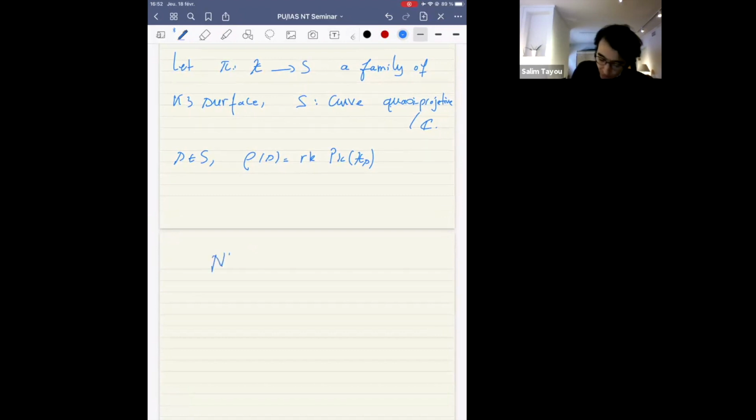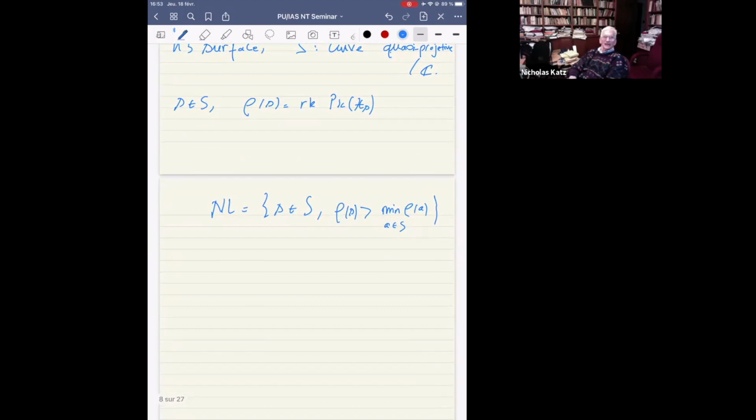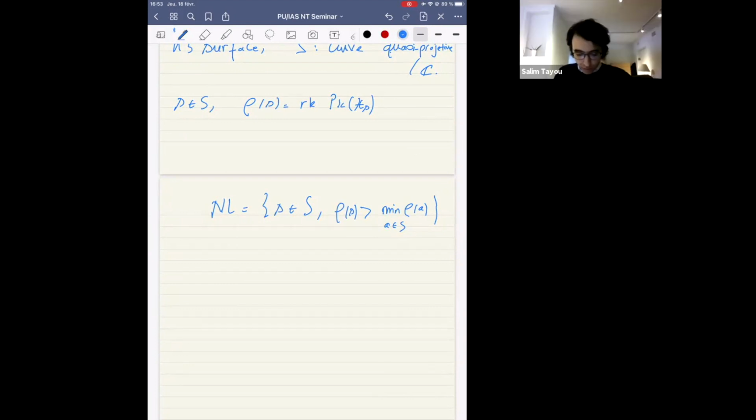The classical Noether-Lefschetz locus here is the set of elements such that this Picard number rho(s) is strictly bigger than the minimum over the family, so to speak, the generic Picard rank. Is the minimum over the family different from the Picard rank at the geometric generic point of the curve? I think here they will be the same, up to taking some finite cover.